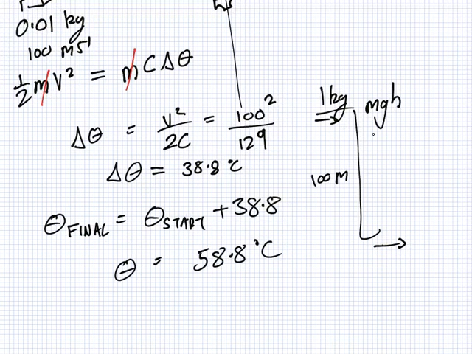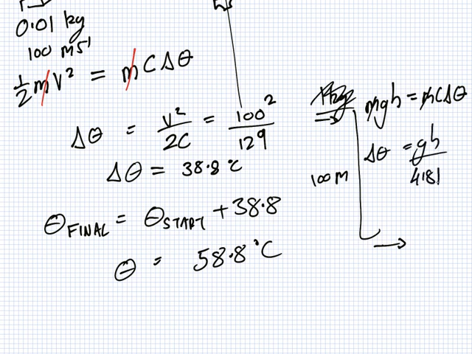So if we do a quick calculation here, mgh is equal to mc delta theta. Now what cancels here? The m, so we don't need to know what the m is. So the delta theta will equal gh over c, which is 4181. Now let's just say, to make it easy, g is 10 and h is 100. So that would be 1,000 over 4,000 roughly, so that's roughly 0.25 Celsius.